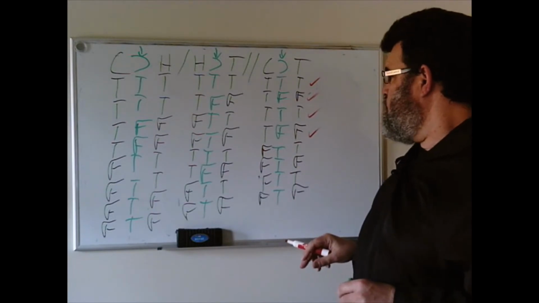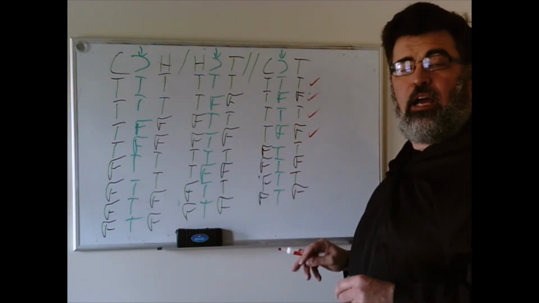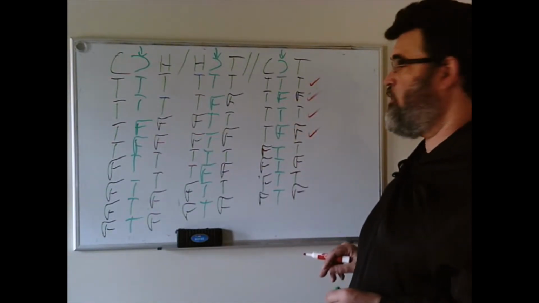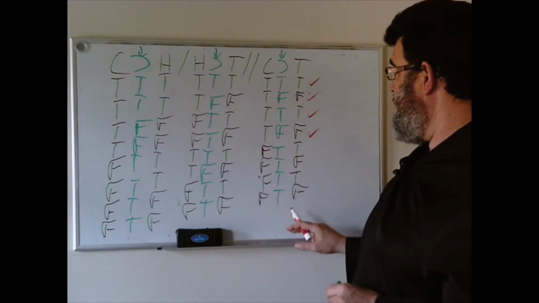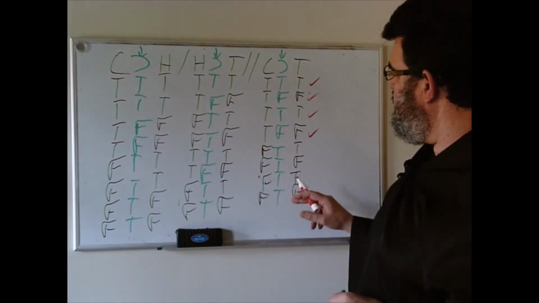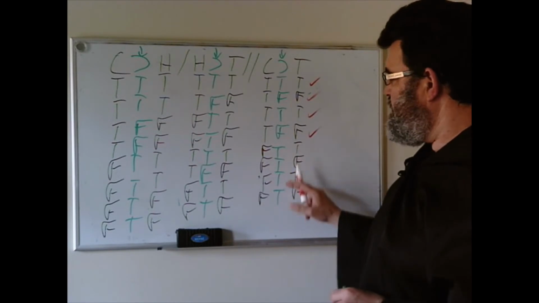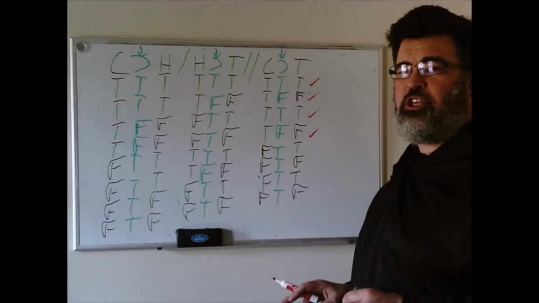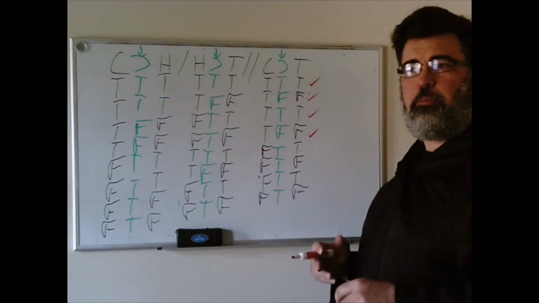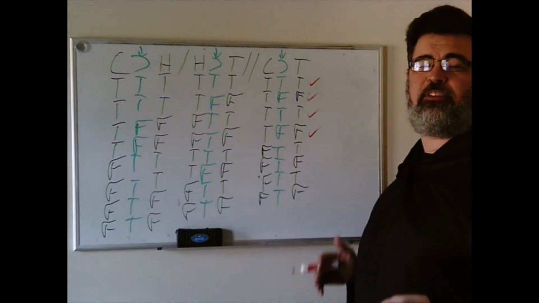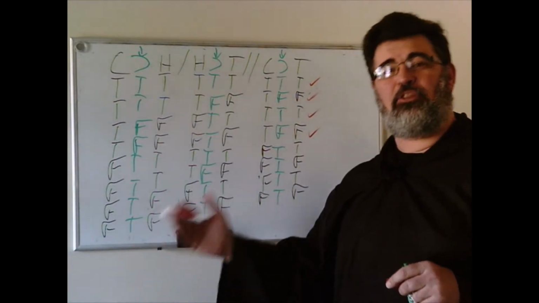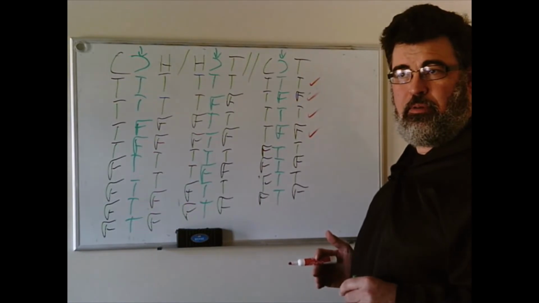I'm halfway through, and I have not found any line where all the premises are true and the conclusion is false. But now as I look down the rest of my lines, I notice, wait a minute, on all the rest of these lines, the conclusion is true. But to be invalid, all the premises have to be false, and the conclusion has to be true.